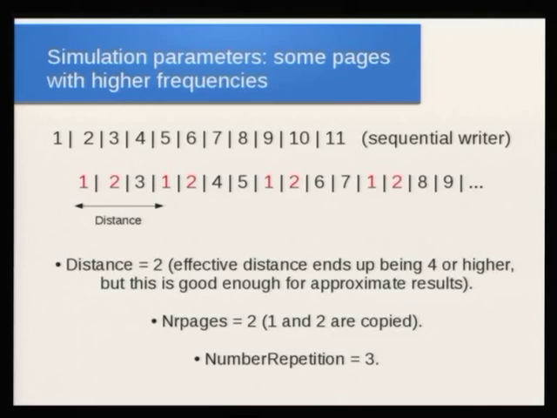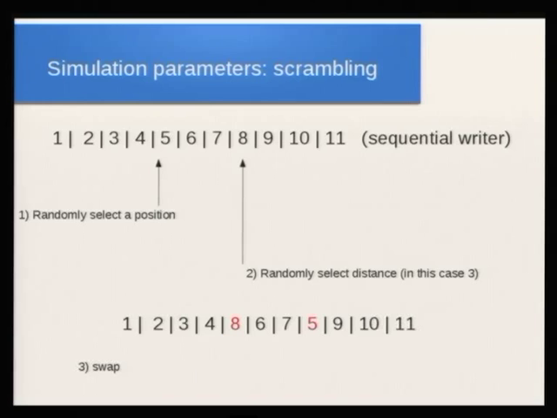It doesn't have to be precise. And then the last thing was scrambling, which is we take the writer sequence, and then we randomly select the position. Then we randomly select the distance from that, and then we swap the two. So that simulates random access.